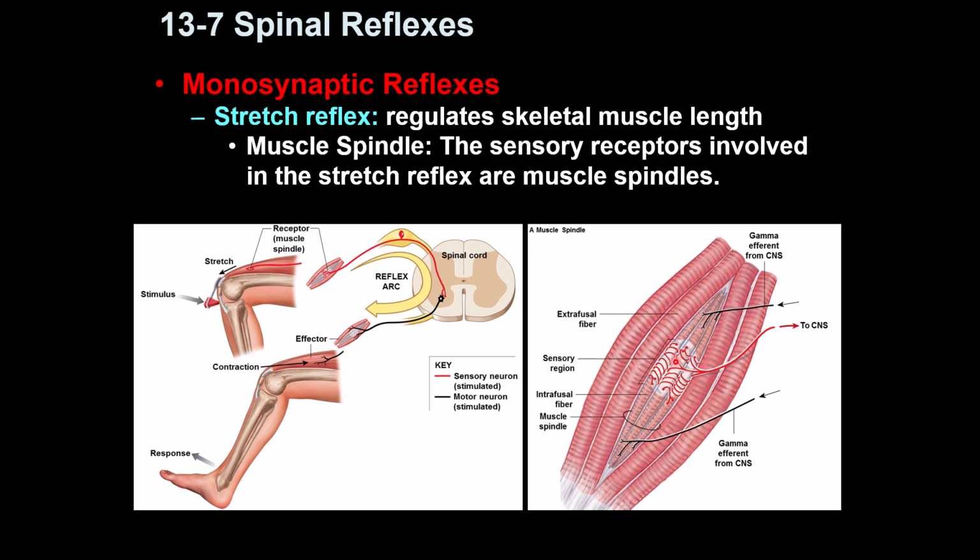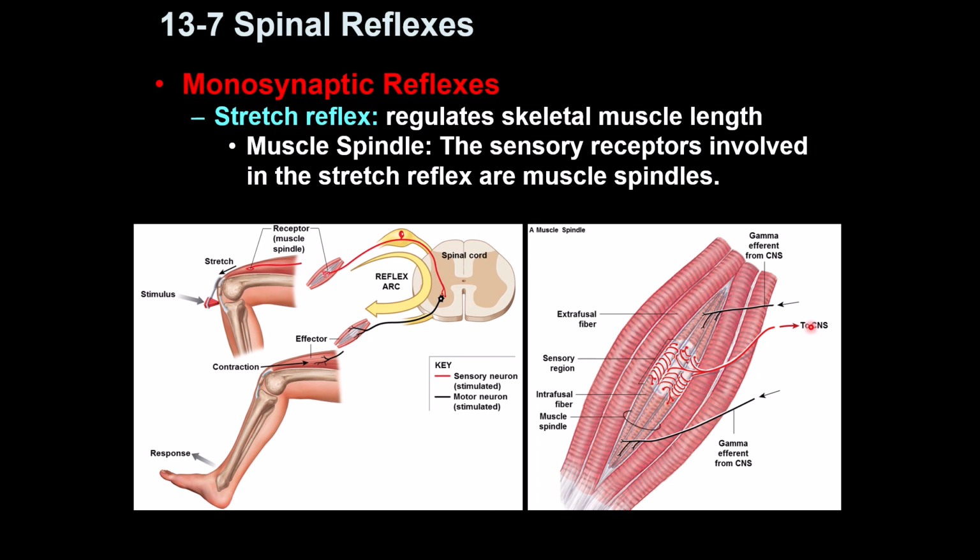The intrafusal fibers are connected to nerves, and those nerves go to the central nervous system. Once a muscle is stretched like this, and you hit it with a reflex hammer, that is hitting the tendon, so increasing the stretching of the muscle. So these intrafusal fibers are activated.